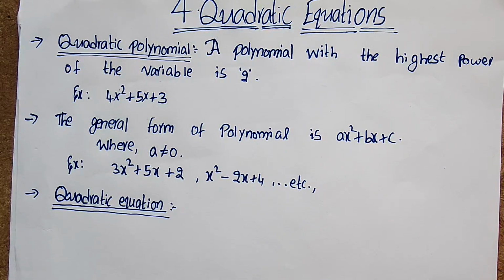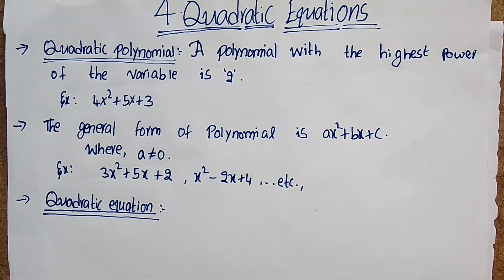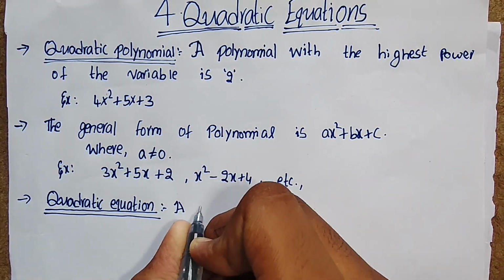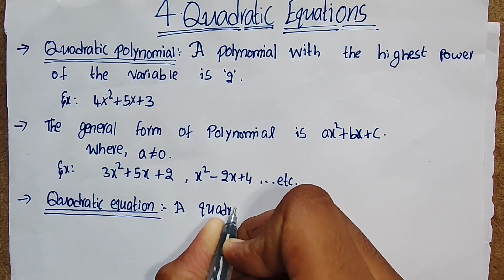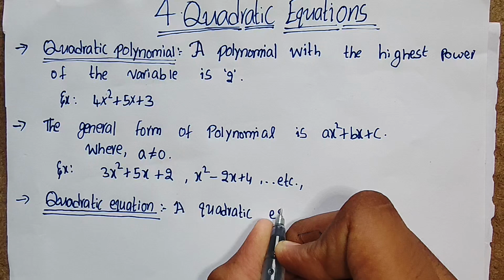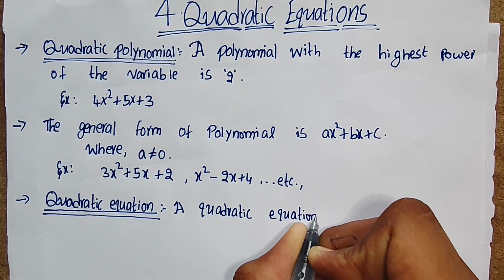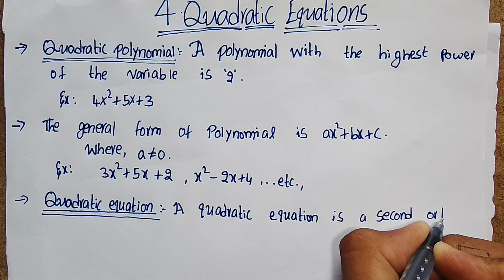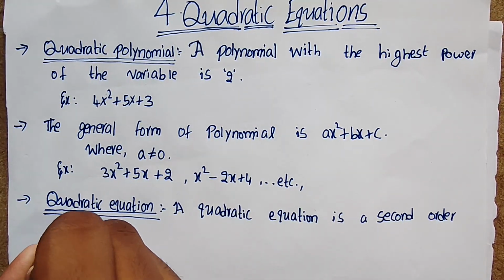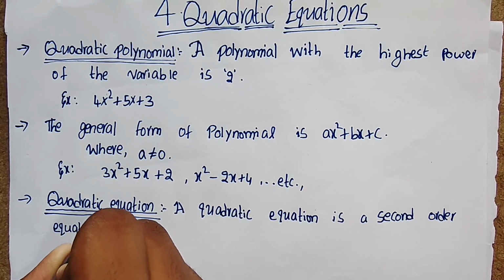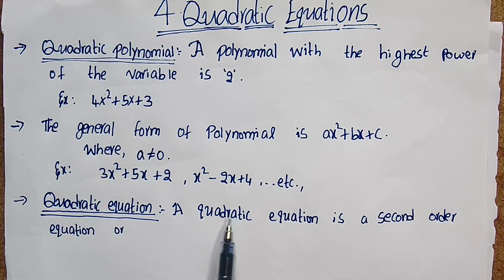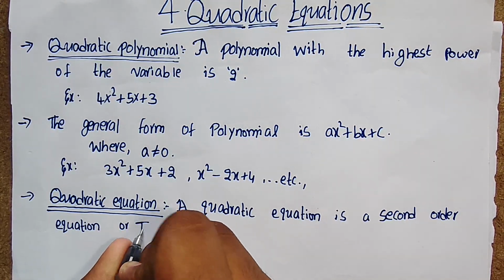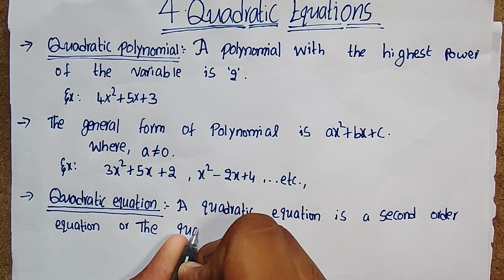A quadratic equation is a second order equation, or it can be said that a quadratic polynomial equals 0 is a quadratic equation.